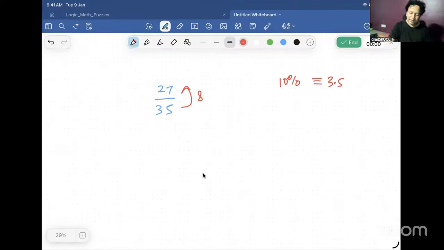So 20% is 7, exact 7. I need one more. So 10% is 3.5. तो इसका 1/3 कर दूंगा, अगर मैं मान लो इसका 3.33% करूँ, तब भी 1 के आसपास आएगा, right? If I take 1%, that'll be equivalent to 0.35.